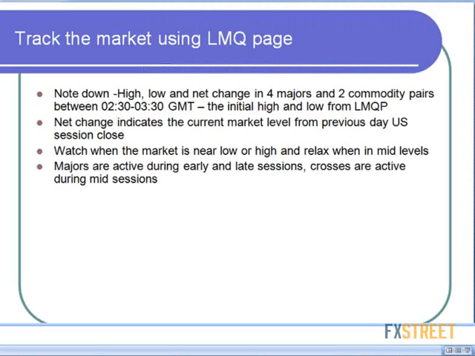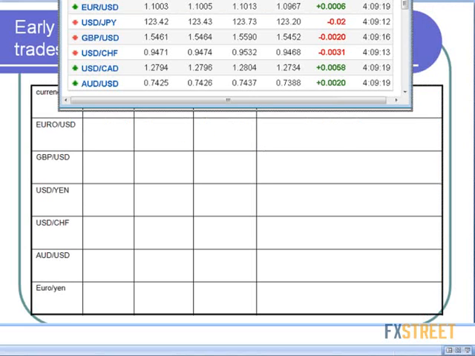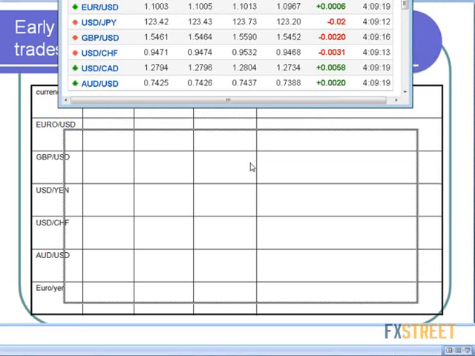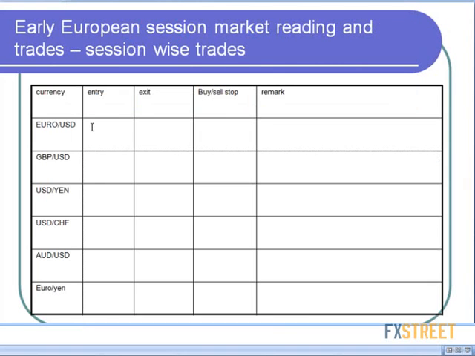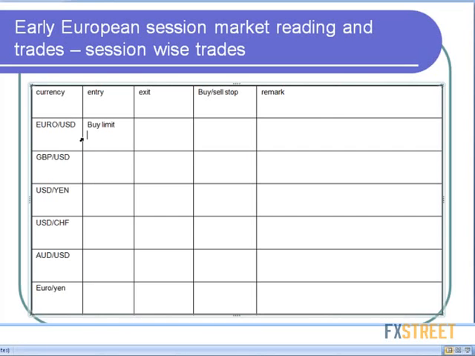Let me take the positions and later explain to you. In the case of Euro, they have already gained, it doesn't matter. So we do a buy, and the limit we'll keep about 5 pips below the market, so it will be 1.0997, 5 pips below.